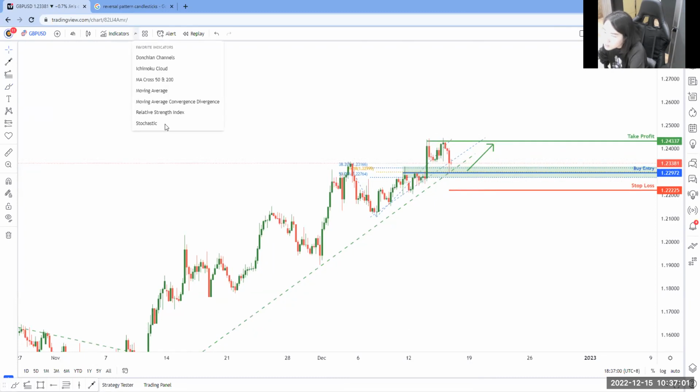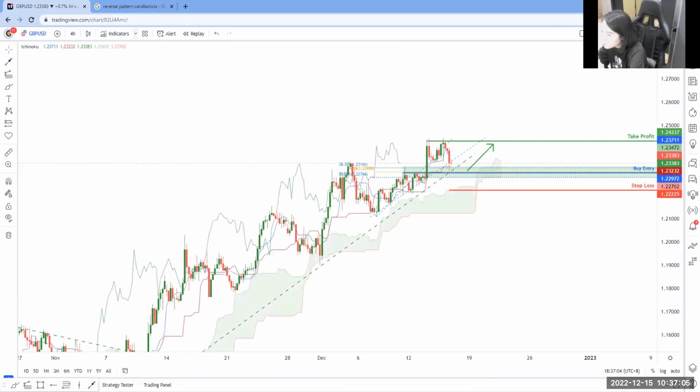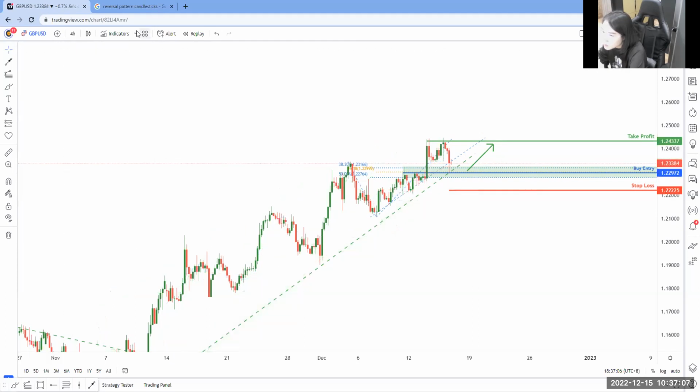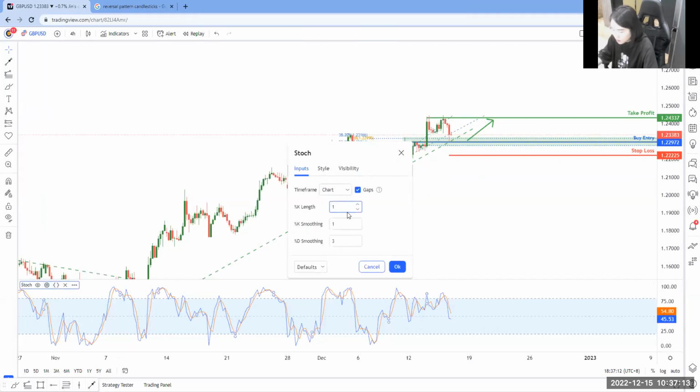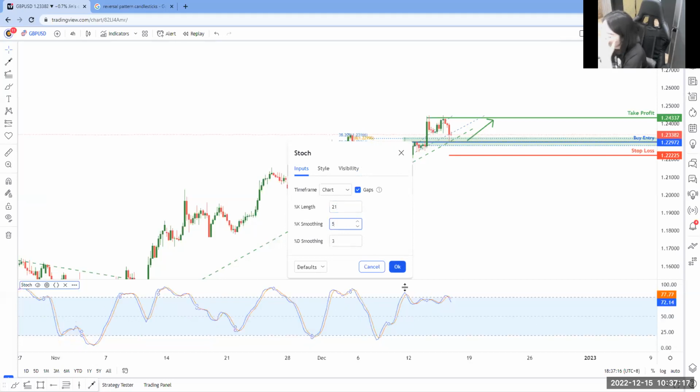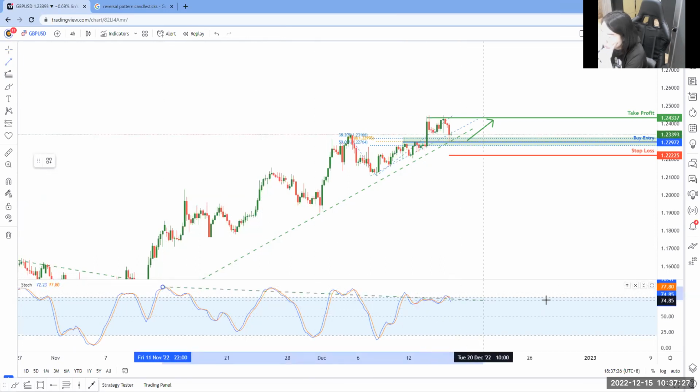Okay, so let me just back this up with other things, to see if we're good for a buy. Ichimoku is agreeing. Let me see if stochastic is agreeing with our analysis. Stochastics don't really agree. In fact, stochastics is showing a divergence. Do you guys see that?